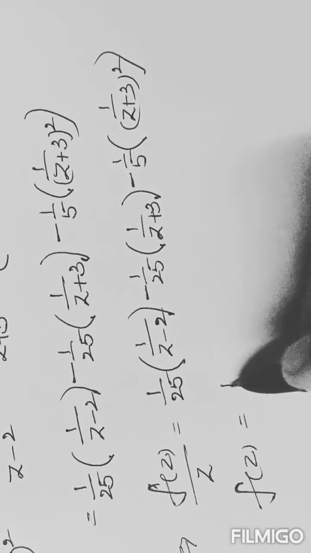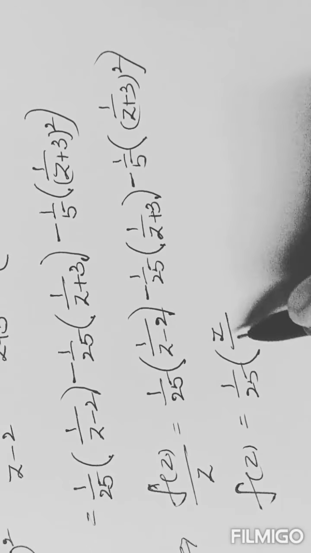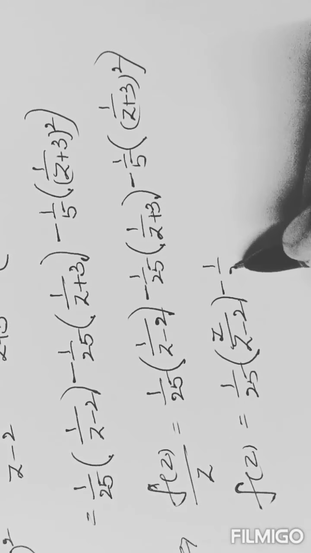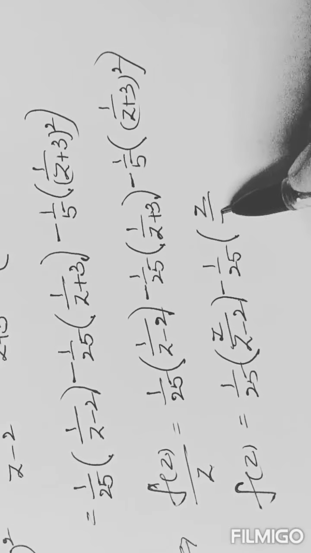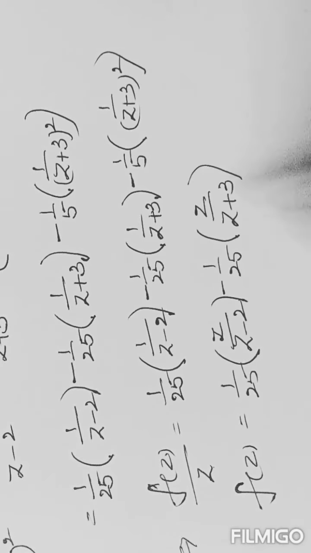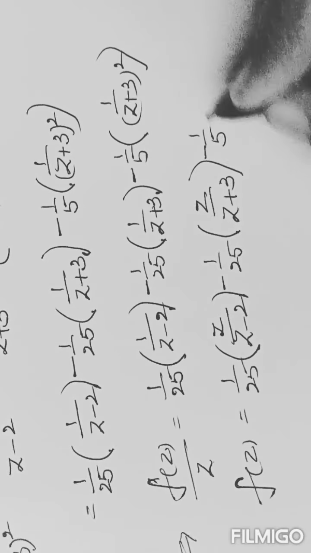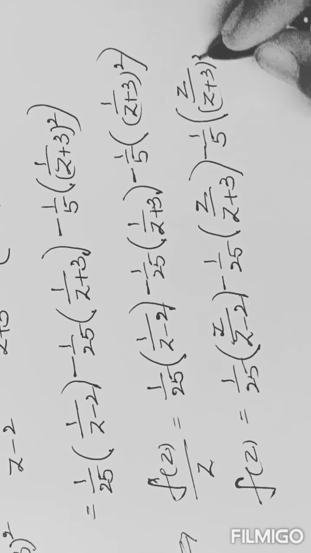F of z equals 1 by 25 z into z by z minus 2, minus 1 by 25 z into z by z plus 3, minus 1 by 5 z by (z plus 3) whole square.